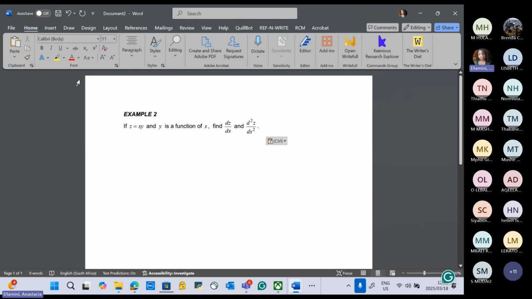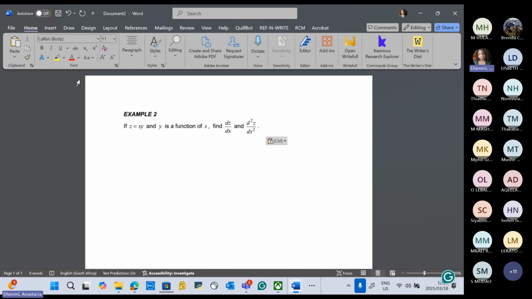There it is. z equals xy and y is a function of x. Find the following. Find dz over dx, the derivative of z with respect to x.